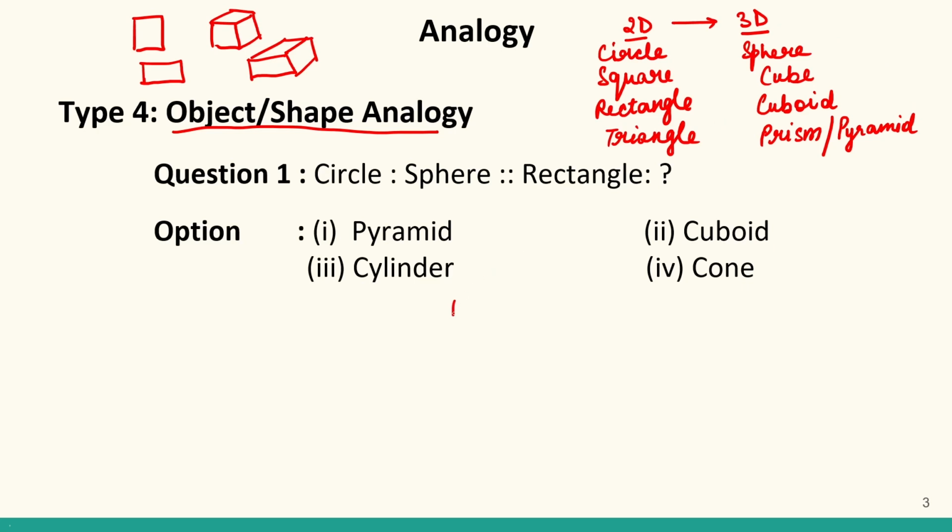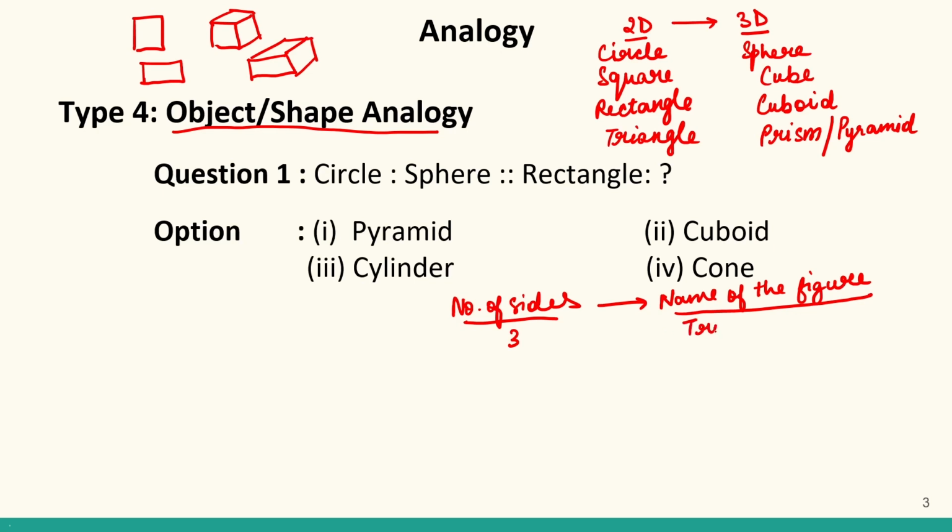Then we also discussed, if we have a certain number of sides, what is the name of the corresponding figure? If a figure has 3 sides, it is called a triangle. Similarly, if a figure has 4 sides, you can call it either a square or a quadrilateral.